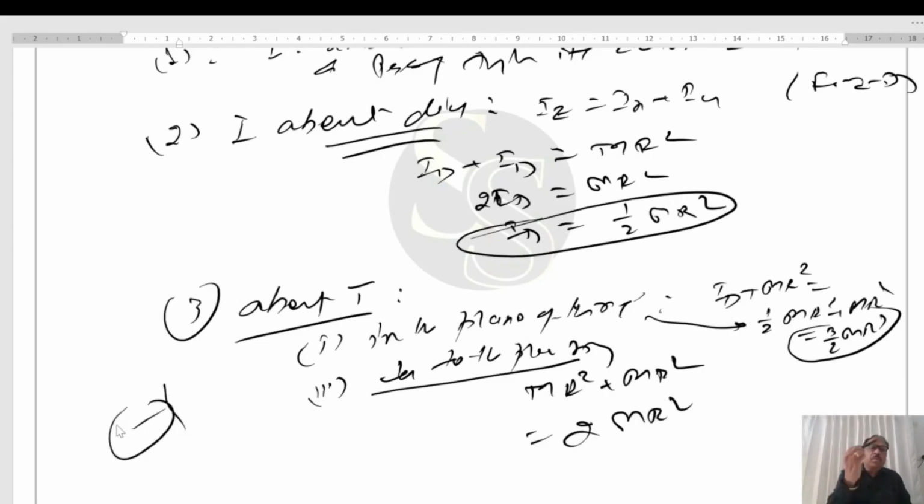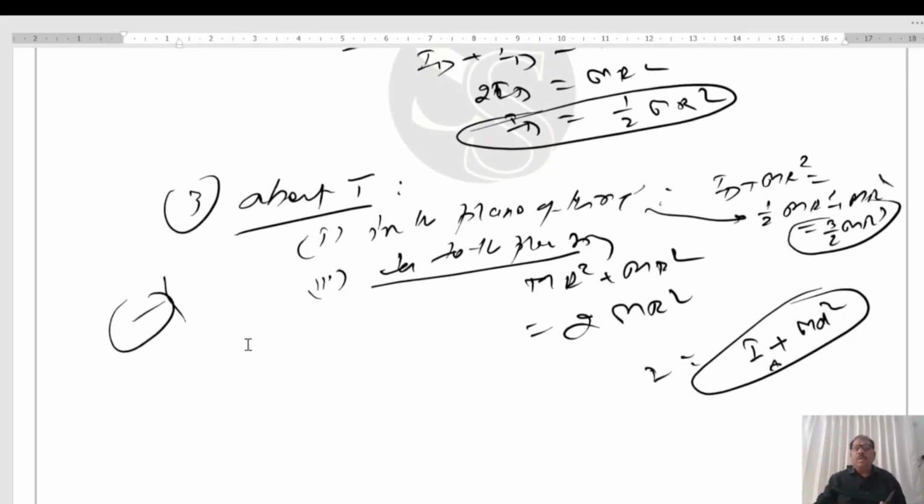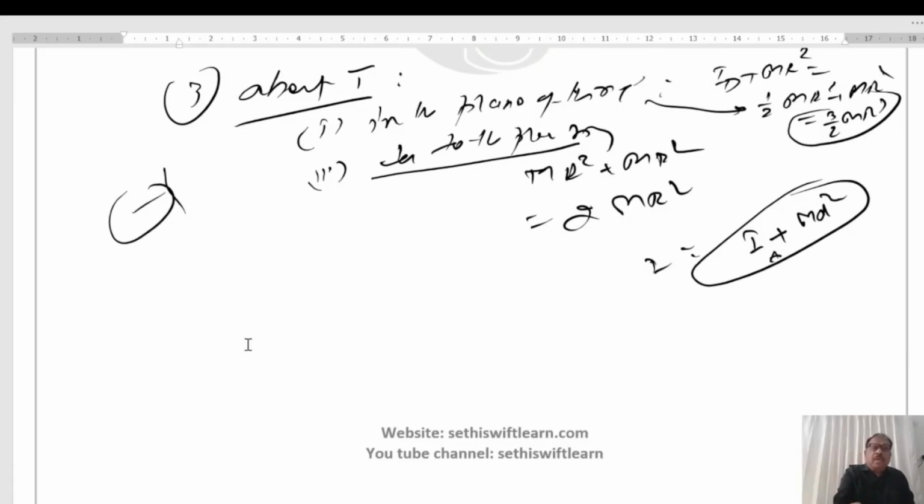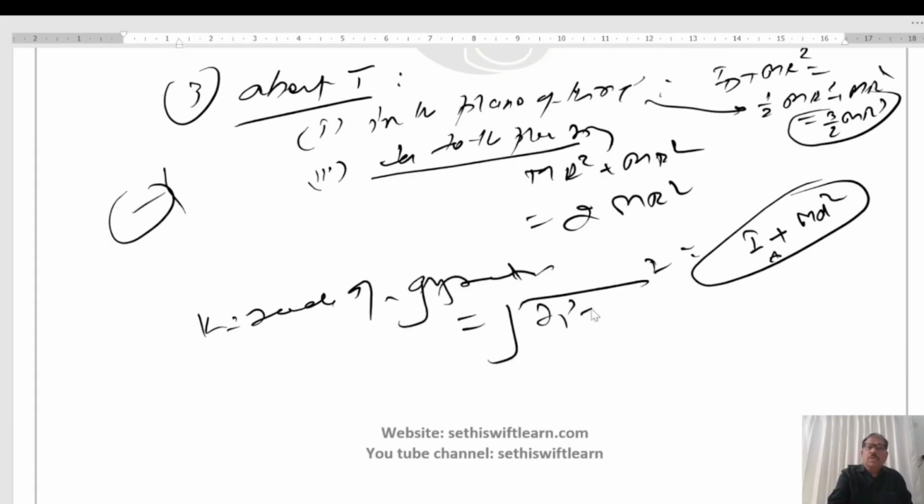Whether in the plane of the ring or perpendicular, in the parallel axis theorem the distance between the axes matters: I about the axis through the center plus md square. This is the parallel axis theorem, right? Further, I will discuss what is K. K is the radius of gyration, given by the root of R1 square plus R2 square and so on for n particles.